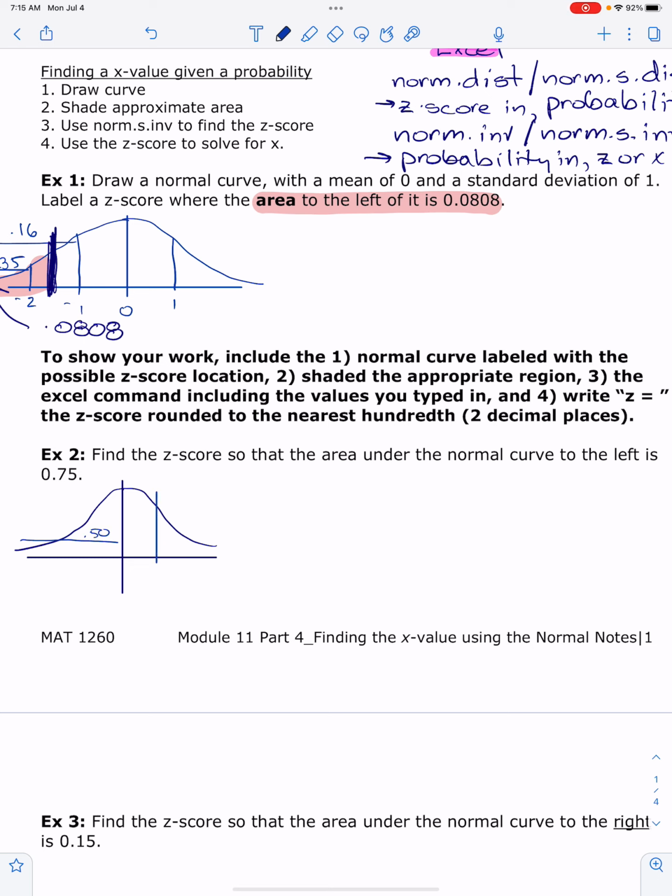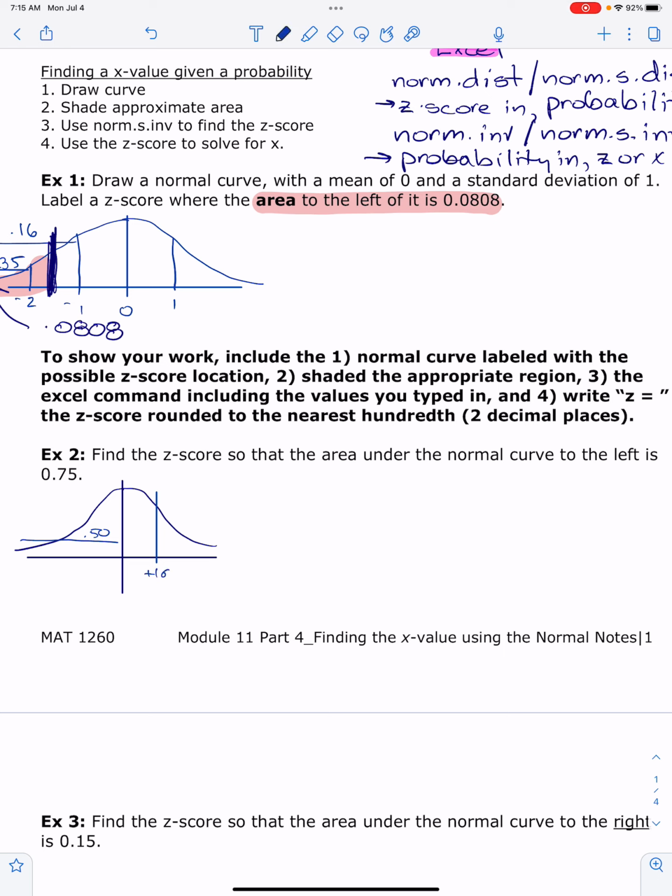We know that plus 1 standard deviation gives us the 50 plus another 34.